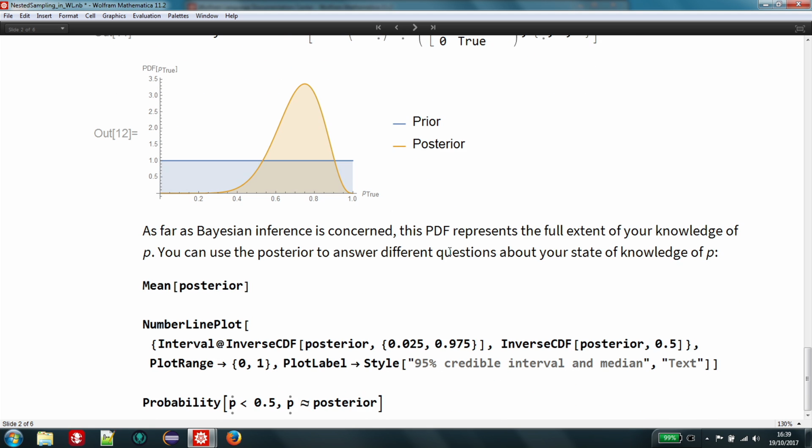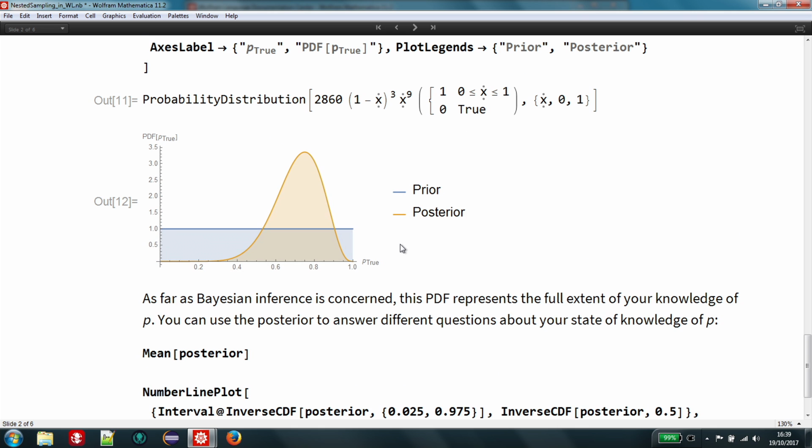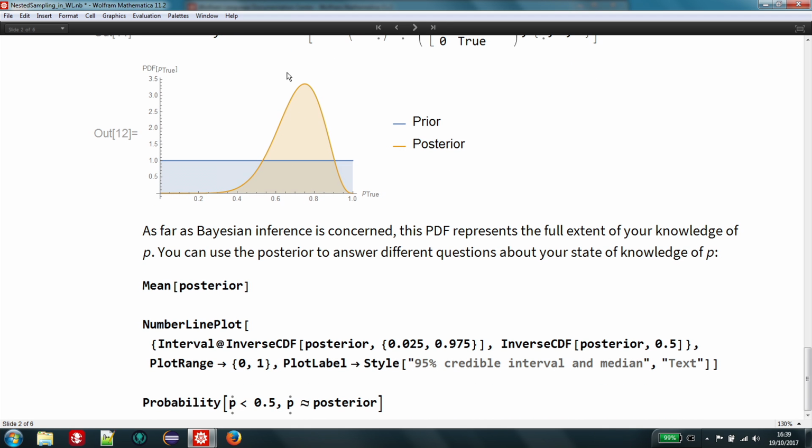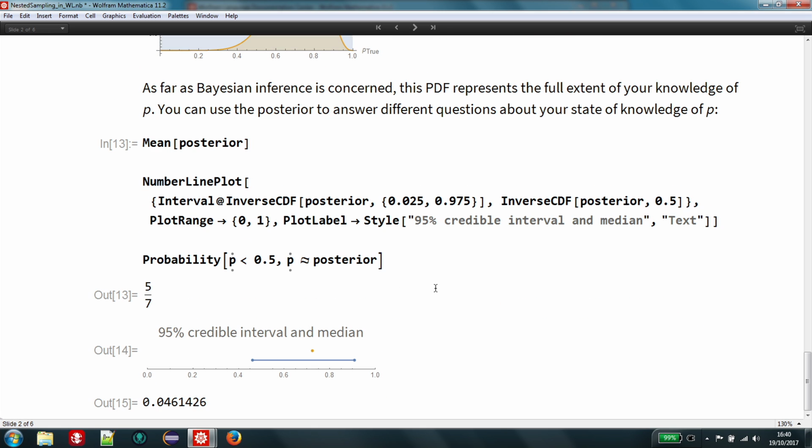And once we have that probability distribution, we can start asking questions like, what is the mean of this distribution? So what's the expected value of p? The mean is 5/7 apparently.